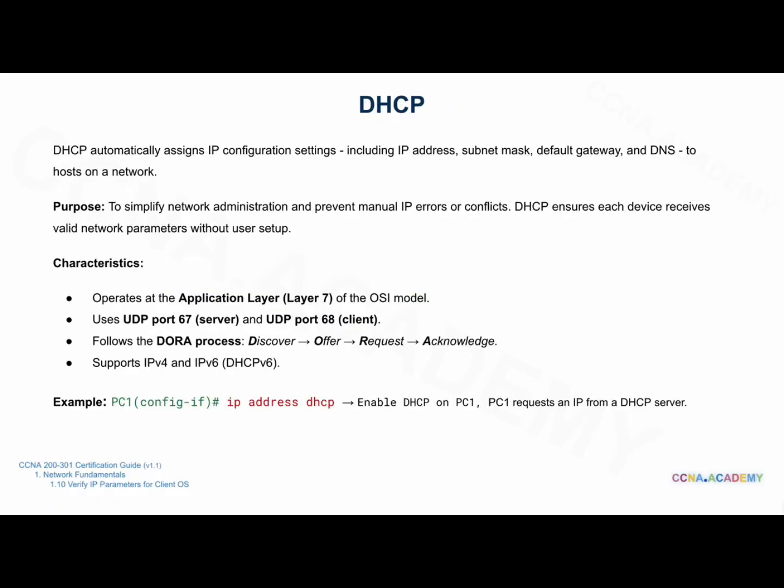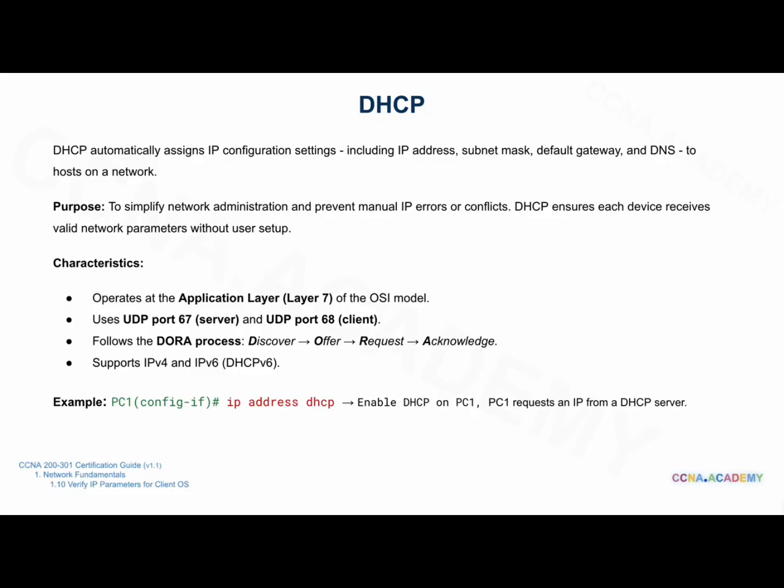Now let's talk about DHCP, the Dynamic Host Configuration Protocol. DHCP automatically assigns IP addresses and other network parameters to hosts, saving you from configuring every device manually. It works at the application layer and uses UDP ports 67 and 68. The process follows 4 steps: discover, offer, request, and acknowledge, often remembered as DORA.